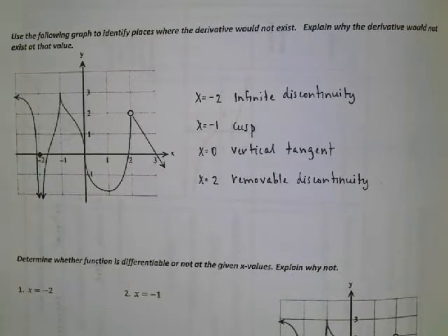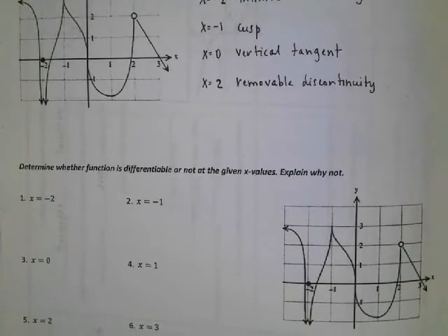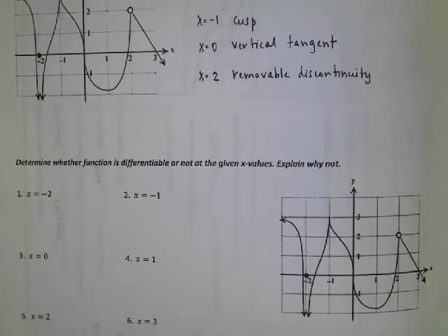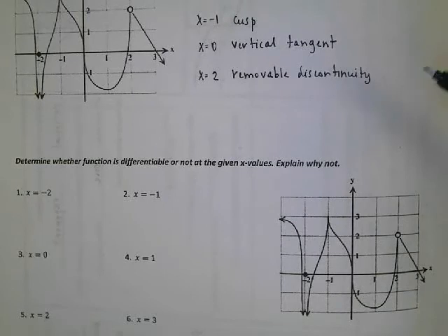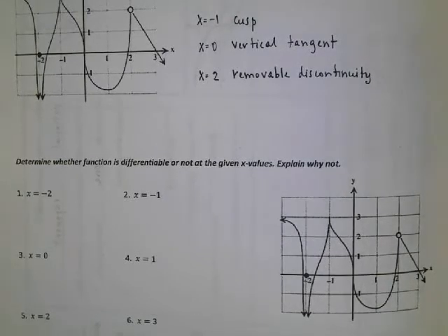Okay, I'm going to skip the graph below here. It's actually the same graph, and it's asking us the same questions. So we already know we're not going to be differentiable at the values that we identified, and all other values in the domain of that function, we will be differentiable.